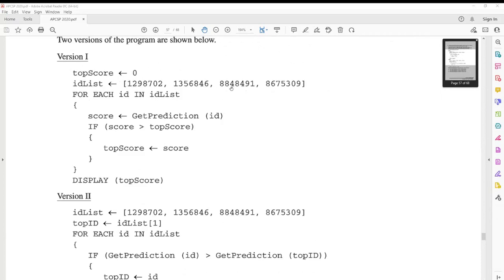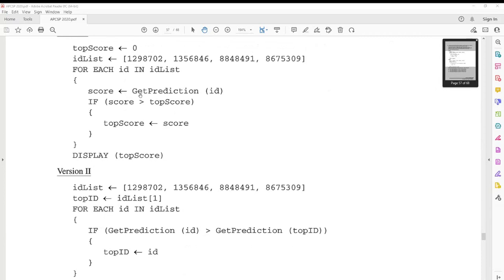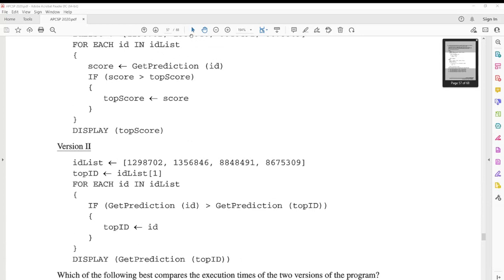For the top score, you have this for each ID: you get the prediction for that ID with a score. If the score is greater than the top score, you update the top score. So here you are trying to find the maximum score. You get the prediction and then you do this.